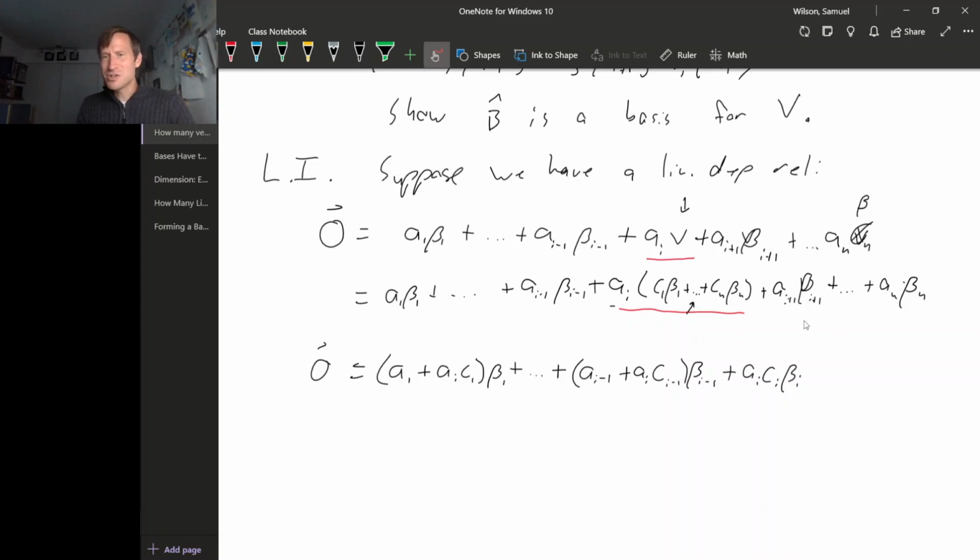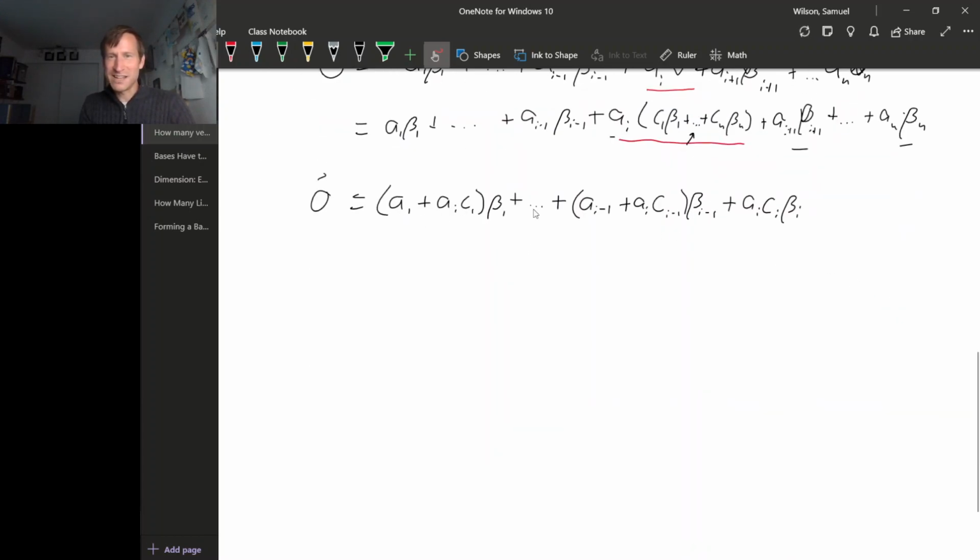And then the rest of the terms come from the rest of the betas. They look a lot like these first ones: plus a sub i plus 1 plus a sub i c sub i plus 1 times beta sub i plus 1, plus dot dot dot down to the end, which is going to be a sub n plus a sub i c sub n, beta sub n.